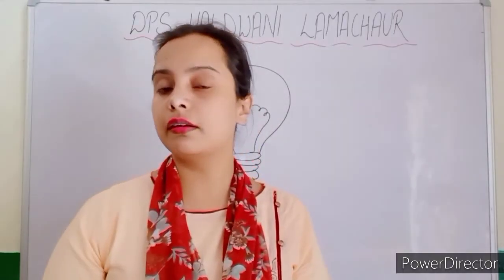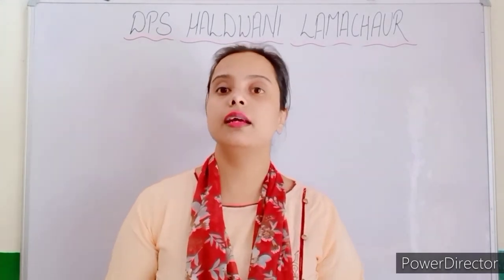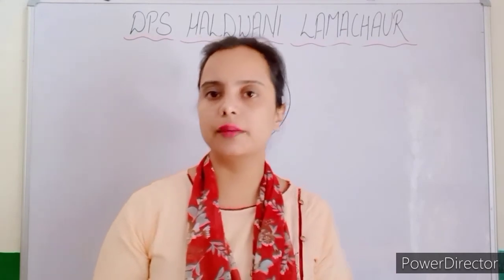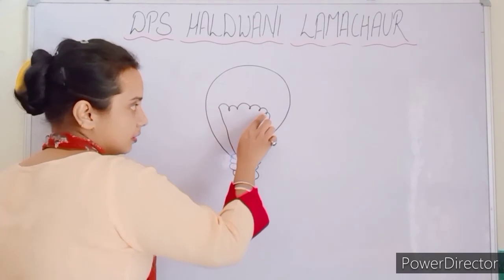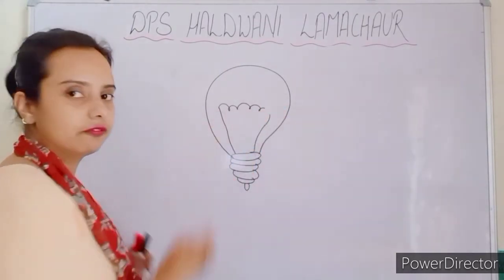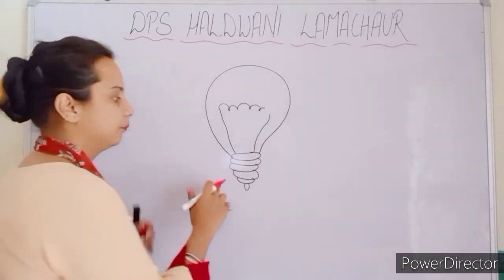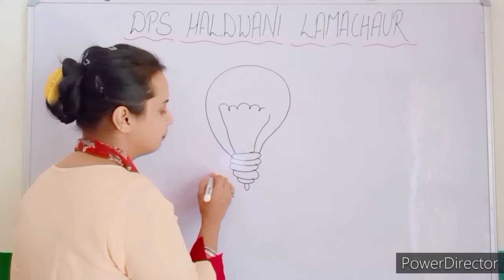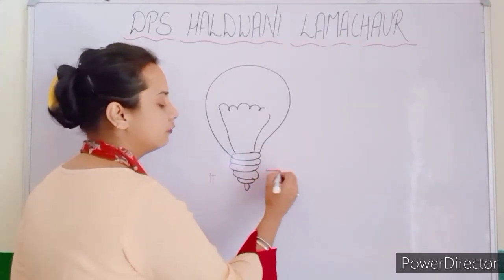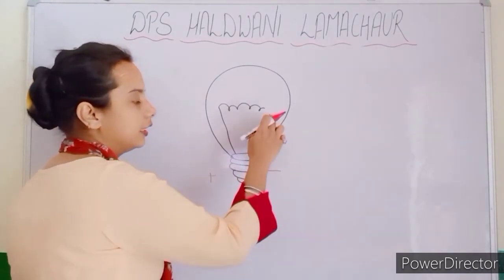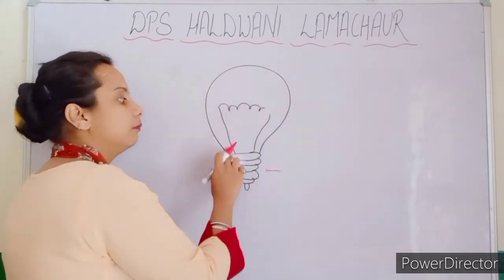Dear students, just now I have explained to you about the bulb, how it glows. Now we will understand about the fused bulb. So what is a fused bulb? When this filament breaks, the electric current which flows from positive to negative cannot pass through to the complete end.